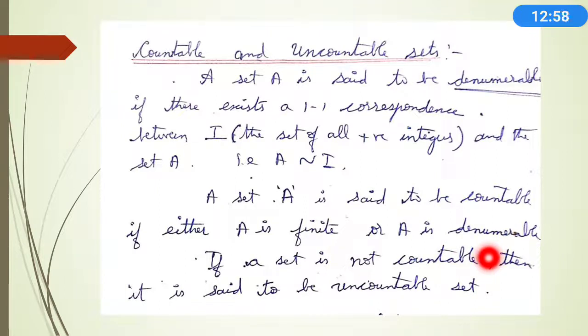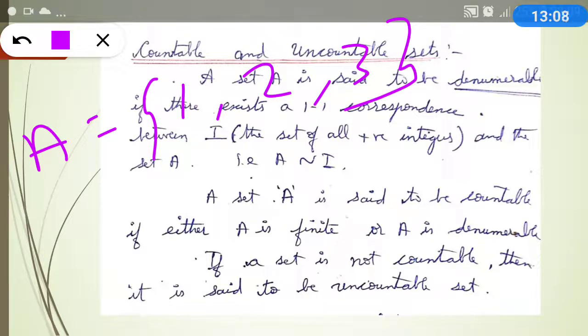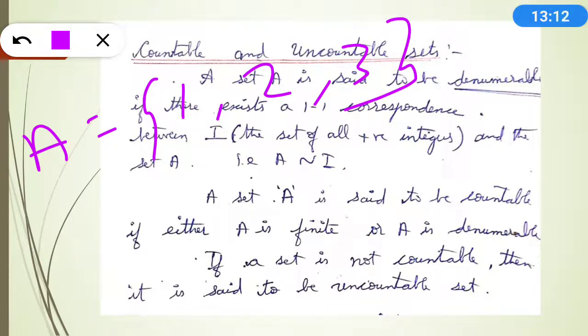Let me take {11, 26, 36}. Again, I have 3 elements. Therefore, it is countable. Suppose my A is equal to {-1, -2, -3, ...}. Is it countable? Yes, it is countable.